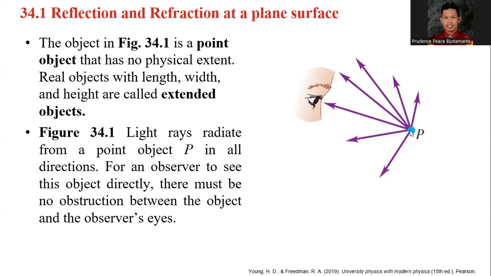Sometimes an object is a source of light, but most of the time it reflects light, so it looks like object P is radiating that light in all directions. We call those light rays. For an observer to see this object directly, there must be no obstruction between the object and the observer's eyes. That's the reason we see objects.